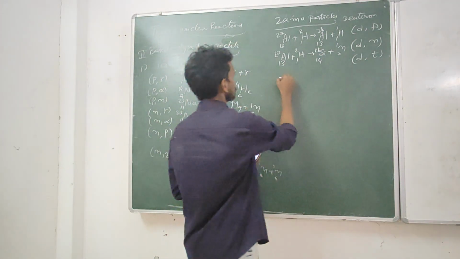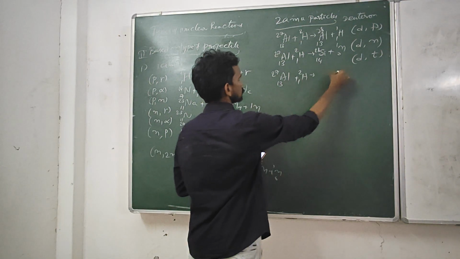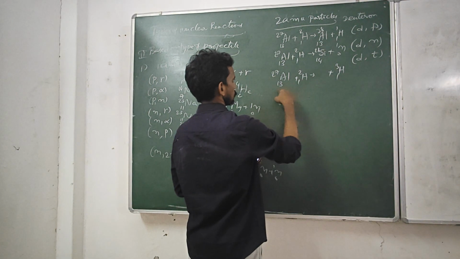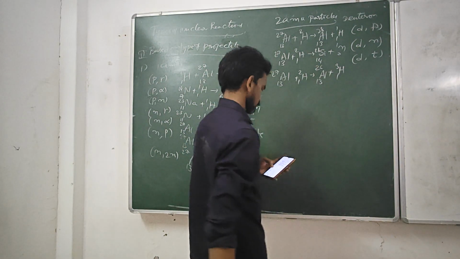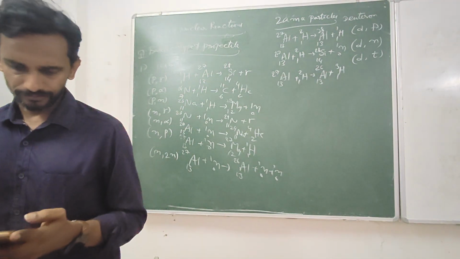Tritium is H13, so Al1327 plus H12 gives you H13, so 13 remains same, Al1326. Deuteron, tritium.